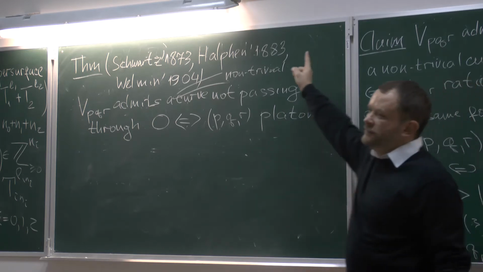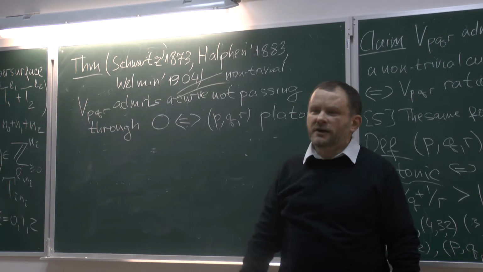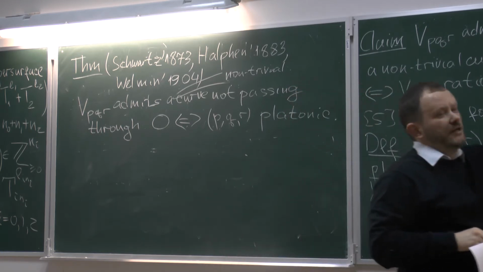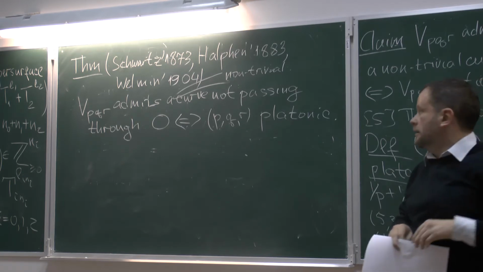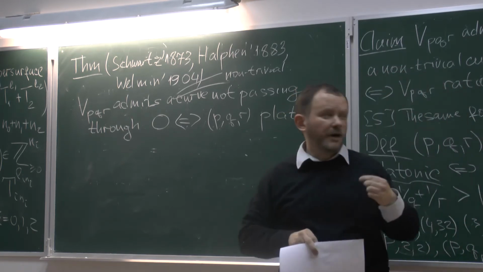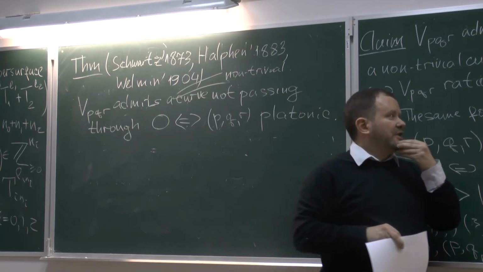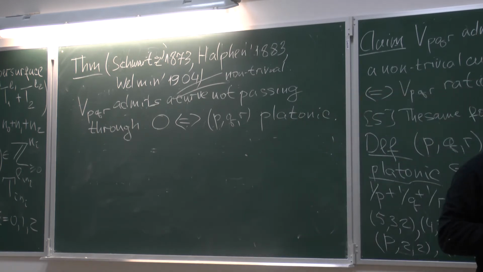These papers deal with Diophantine equations, because this is a question about how to solve such Diophantine equations over polynomials in one variable. And the condition that our curve does not pass through the origin just means that we are looking for coprime solutions of these equations.